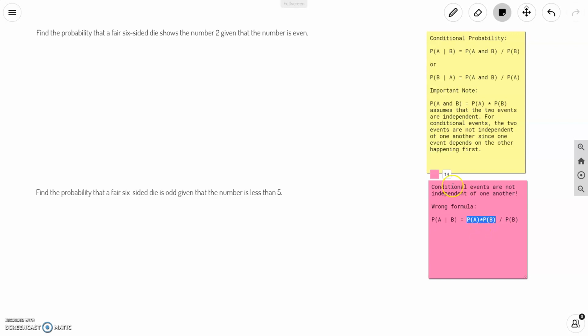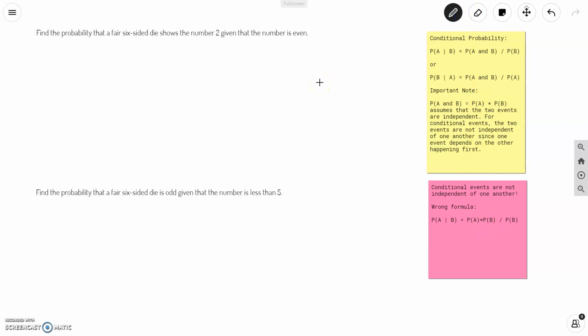In this case, conditional events are not independent of each other, so you cannot partition the numerator into this. And we'll talk about this a little bit more when we get into our independent event section. But please make sure that you do not get into the habit of using this as the numerator.